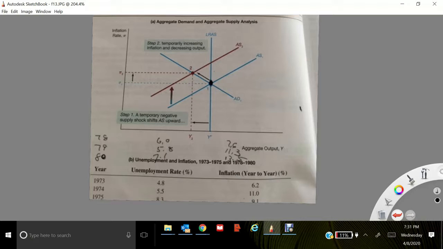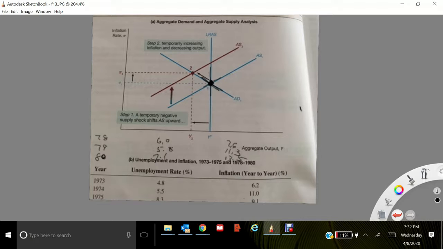Remember, in the long run, we have our long run supply curve, our short run supply curve. They intersect at the same point where the aggregate demand curve intersects. So you have all three of these curves intersecting at the same point.